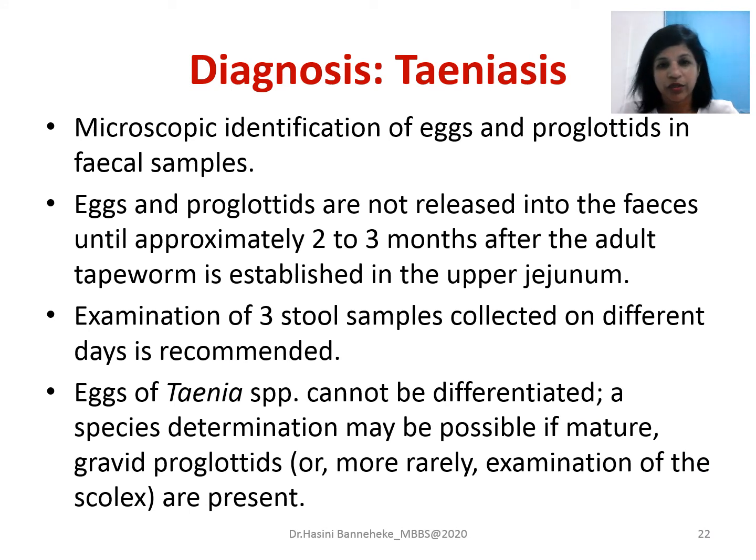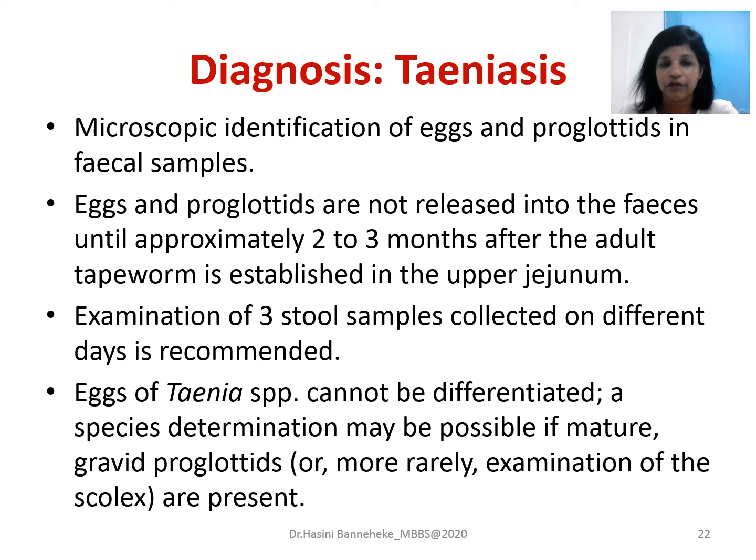And let's move on to the laboratory diagnosis. Taeniasis is diagnosed by detecting eggs and proglottids in the fecal sample. I said humans are the definitive host, so we have the adult stage in the small intestine, and the gravid proglottids and the eggs can come out in the feces. If you take a fecal sample and examine it, we should be able to identify the eggs and proglottids.